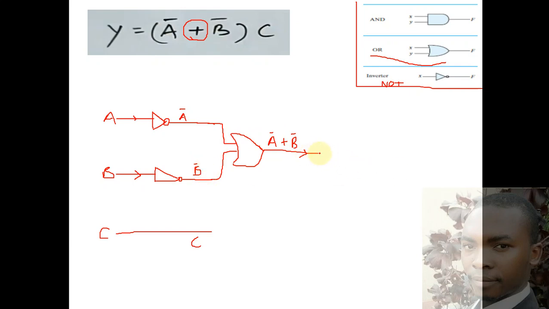From there you see that C has nothing, and then C is multiplied by these two. So I have to multiply these two, and multiplication we said is an AND gate, which is this. So I'm going to draw an AND gate here. I hope it's looking like this.